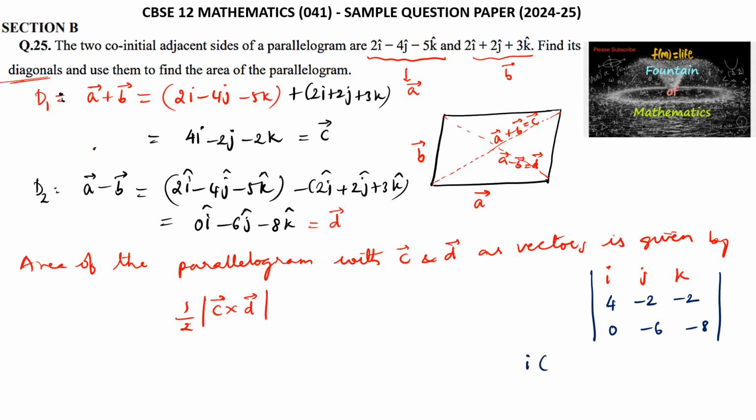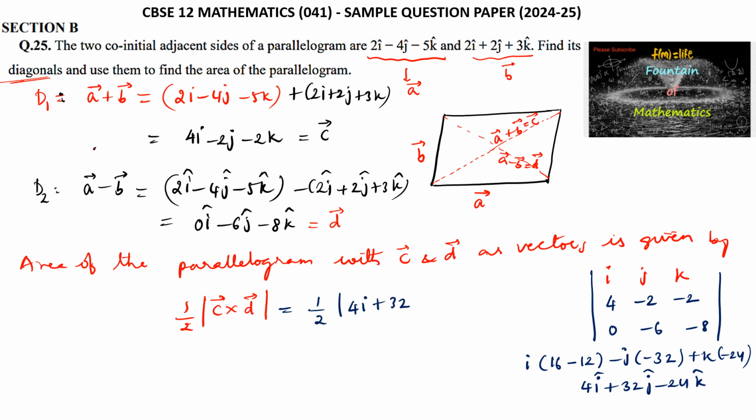So we can write i times of 8 2s are 16, minus 6 2s are 12, minus j times of minus 32, and plus k times of minus 24, that is 16 minus 12, that is 4i, plus 32j, and again here minus 24k. So we can write 1 by 2 the mod of 4i plus 32j minus 24k.